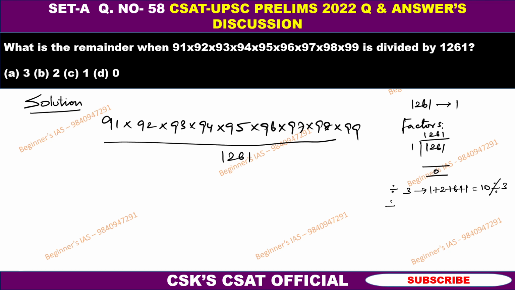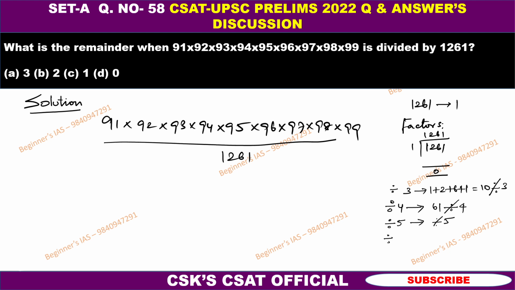With this logic, let us move on to divisibility by 4. In the divisibility by 4 concept, take the last two digits, which is 61. If it is divisible by 4, then 1261 is divisible by 4. This is not divisible by 4. Then divisibility by 5: the unit place contains 1 here, therefore 1261 is not divisible by 5.